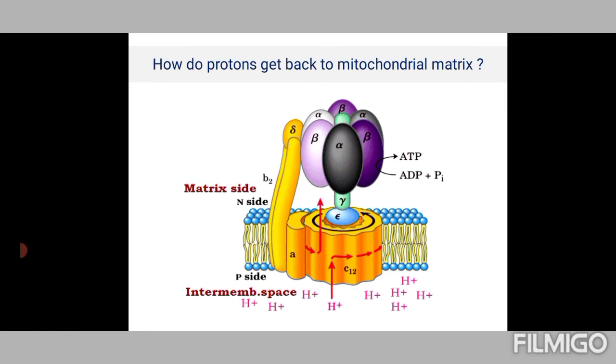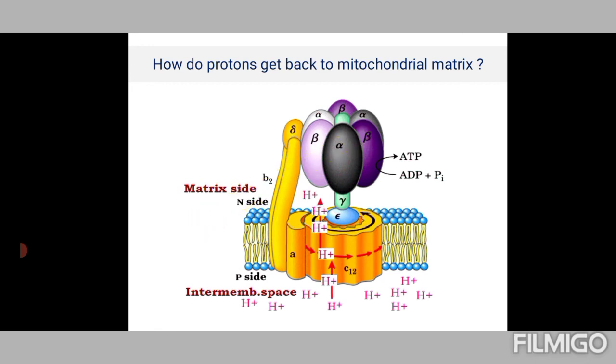So when the rotor rotates, H plus passes from the intermembrane space, that is the P side, where there is accumulation of H plus ions or protons. The protons pass from the intermembrane space through the rotor to the matrix side.